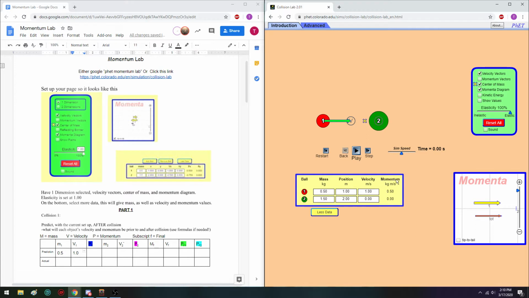And the momentum, which is P, has a momentum of 0.50. Now mass of ball 2 is what? 1.50. Velocity, we don't care about position, remember, we're going to care about velocity next. The velocity of the second ball is going to be 0.